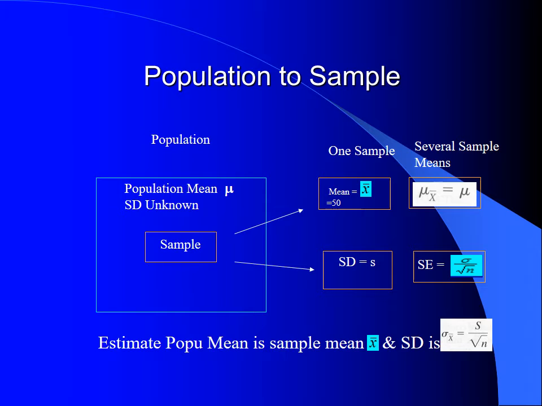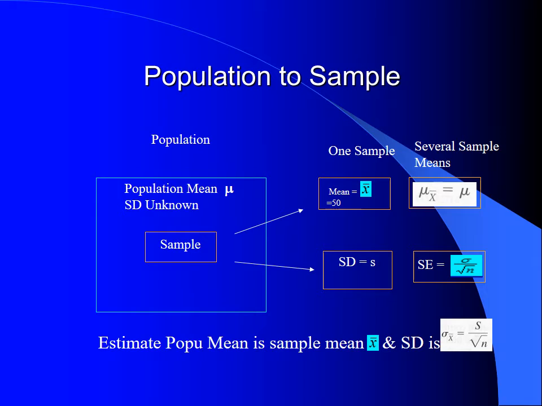If you see the diagram here, the sample is drawn. The sample mean is 50 in one sample. The sample standard deviation is small s for one sample. When you take several samples, you have several sample means.